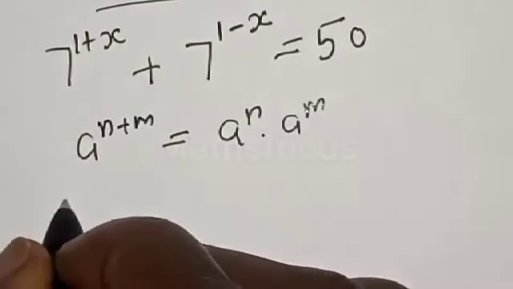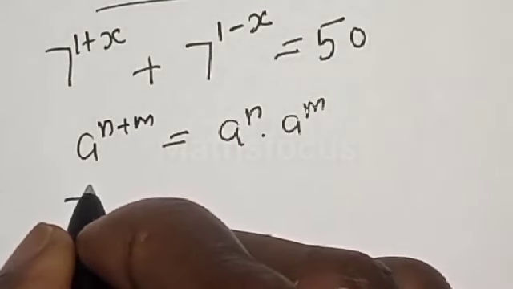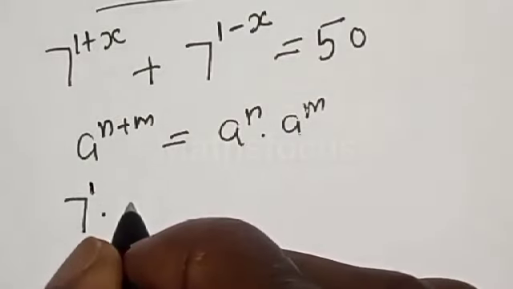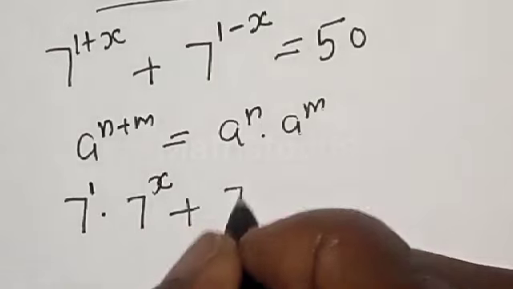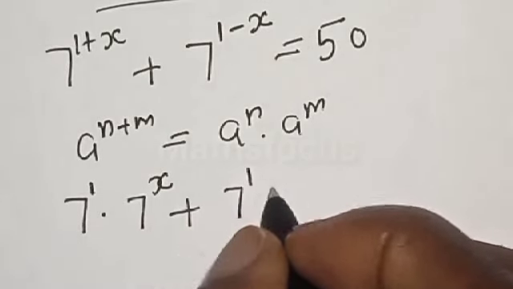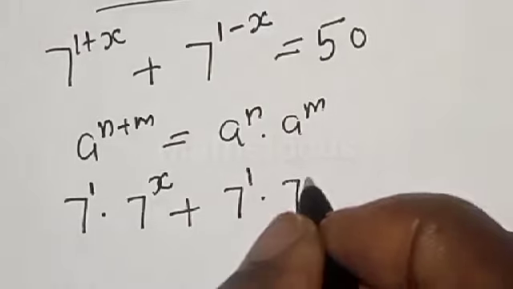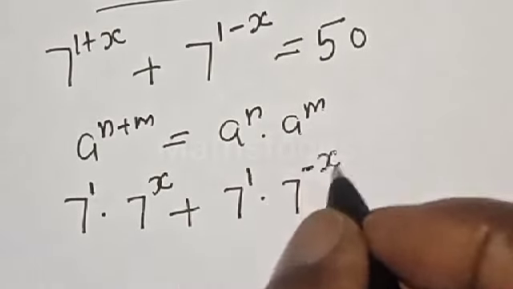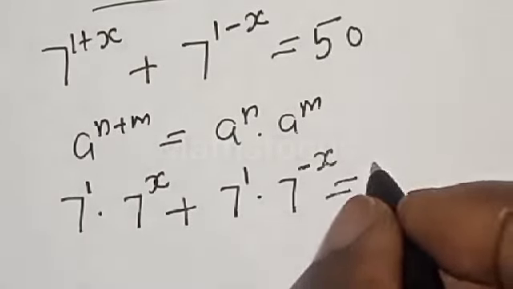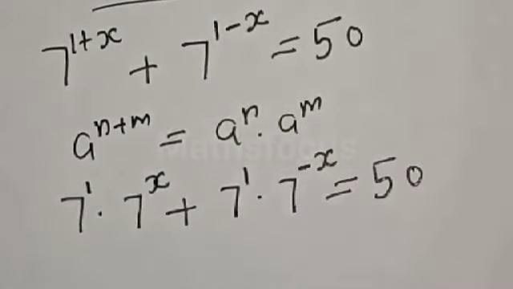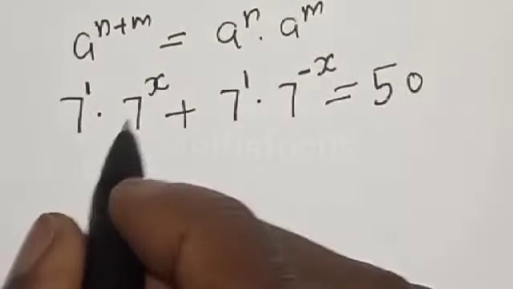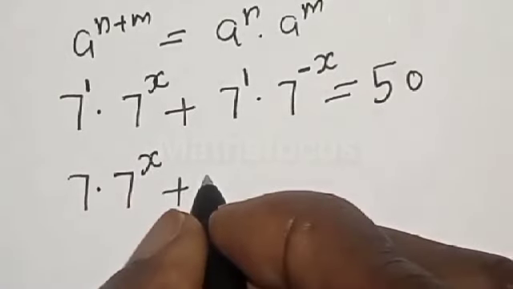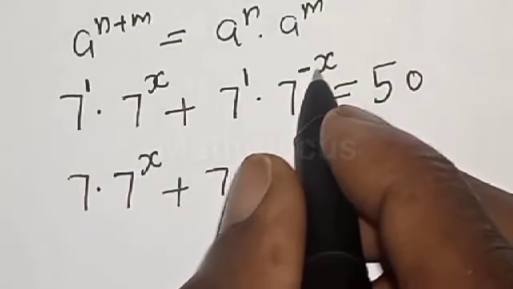Now we have 7 raised to the power 1 multiplied by 7 raised to the power s plus 7 raised to the power 1 multiplied by 7 raised to the power minus s is equal to 50. Now this is 7 raised to the power 1 times 7 raised to the power s. We have 7 multiplied by 7 raised to the power s plus 7 raised to the power minus s.